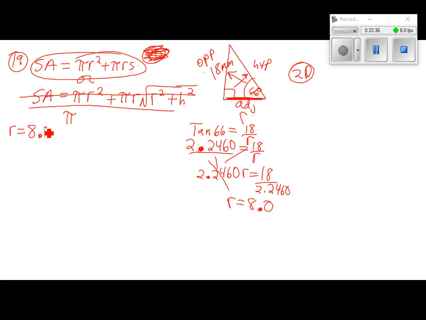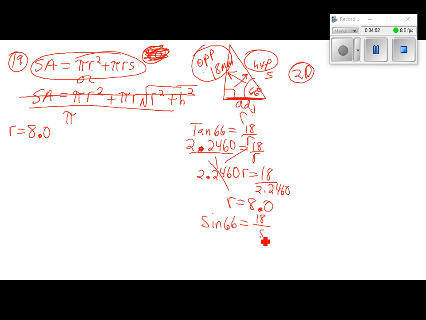And then I set up the same thing almost, only this time I'll use the hypotenuse and the opposite, which in our SOHCAHTOA is the sine. So I do the sine of 66 equals opposite over hypotenuse. The hypotenuse this time is our slant height of the cone. So it's going to be 18 over s.